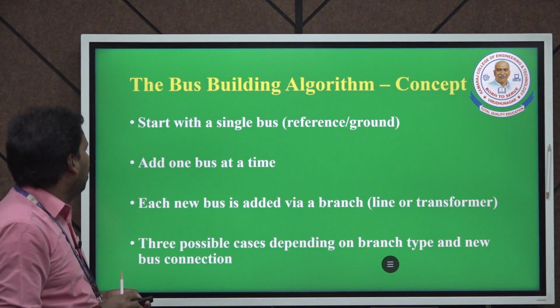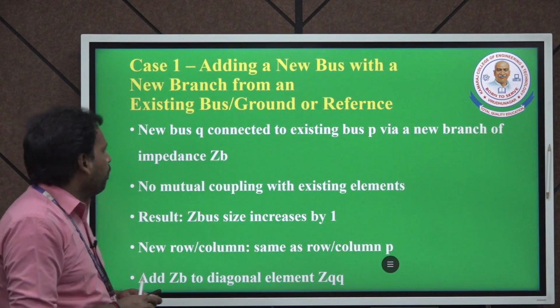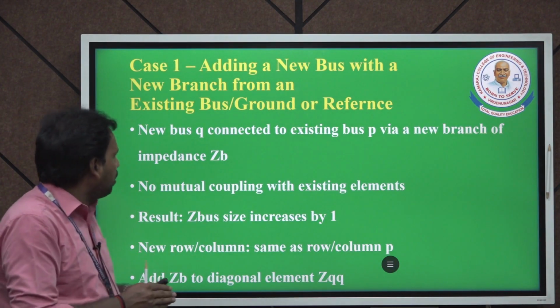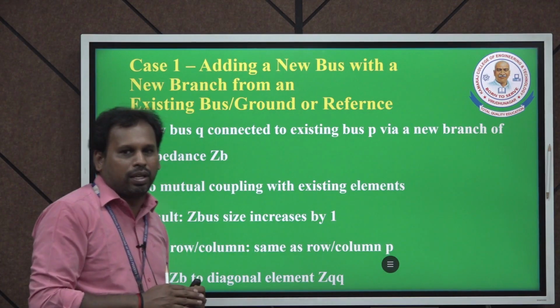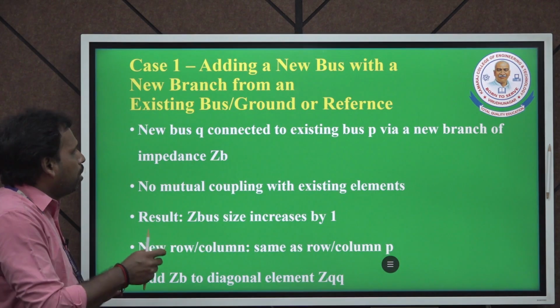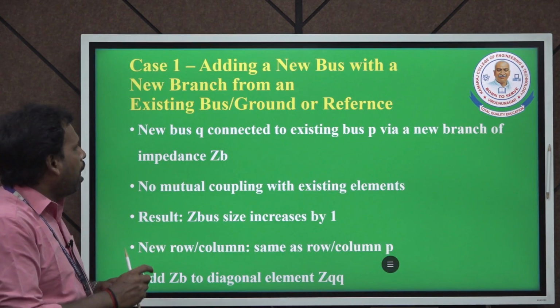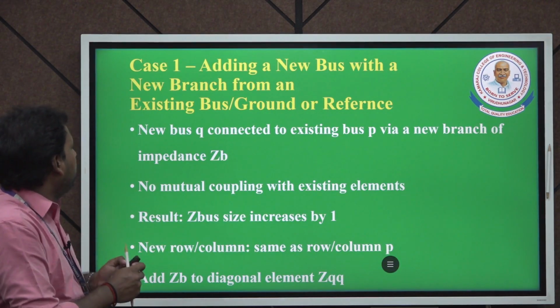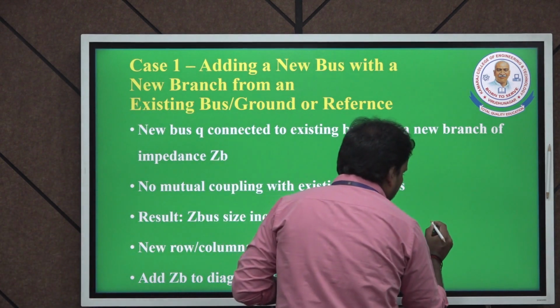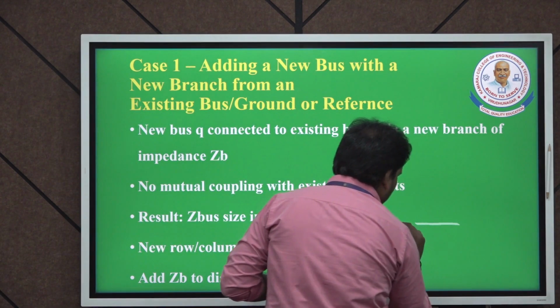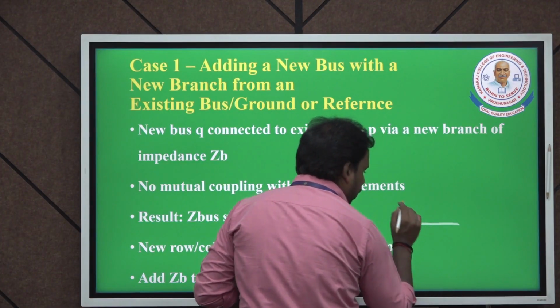In the first case, we add a new bus with a new branch from an existing bus or the ground or reference bus. For example, we start from the reference bus.